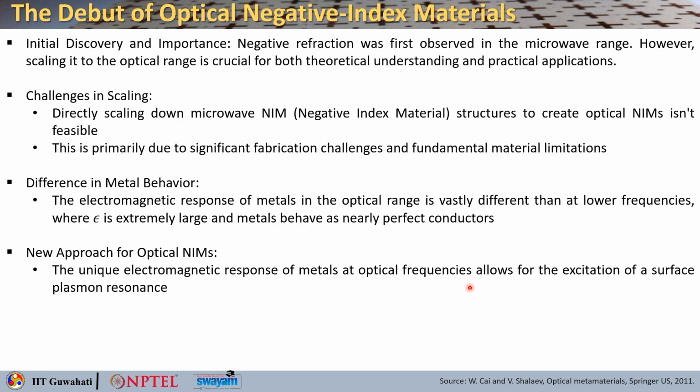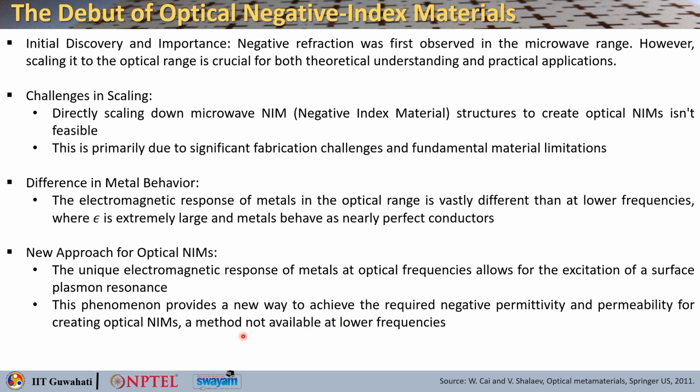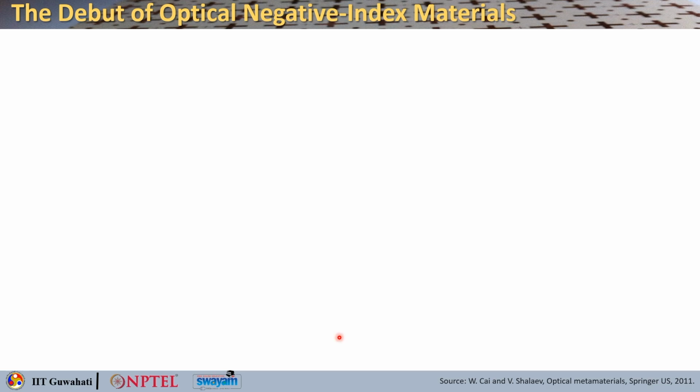So, that will allow getting the unique electromagnetic response of metals at optical frequencies that allows the excitation of the surface plasmon resonance. So, this phenomenon could provide a new way to achieve the required negative permittivity and permeability for creating optical negative index materials, and this method is not available at microwave frequencies.